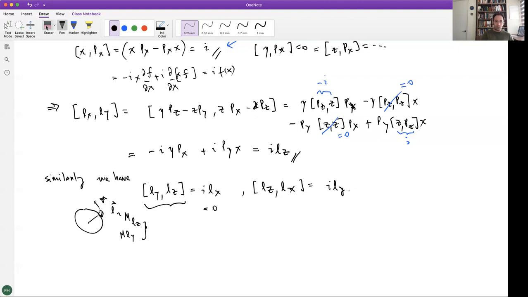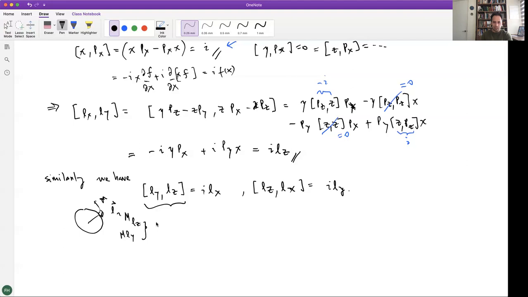Now, because these do not commute, that basically means we cannot know these two components with maximum precision.